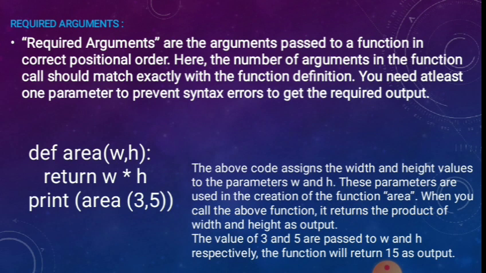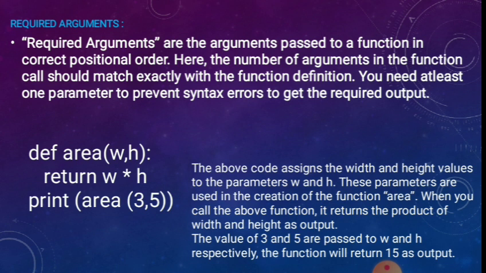Here the number of arguments in the function call should match exactly with the function definition. You need at least one parameter to prevent syntax errors, because if you created it with 2 variables, you cannot call it with fewer parameters.